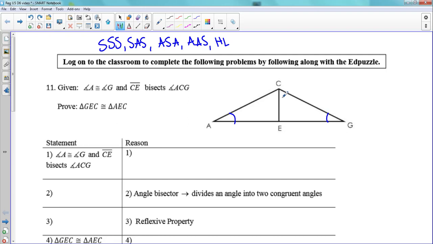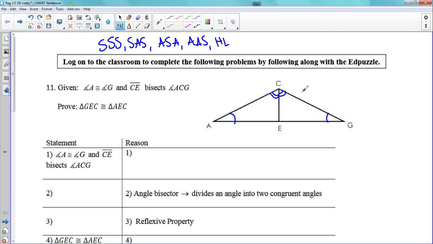Angle ACG. So I want to mark 2 congruent angles formed by the bisector CE at angle ACG. Now I want to mark these differently than my first set of angles, so I can distinguish between angle A and angle ACE, and angle G and angle GCE.